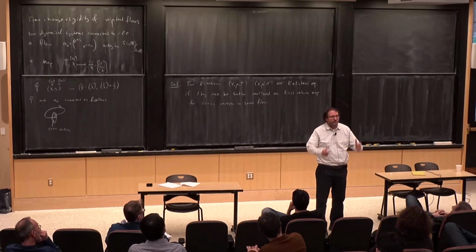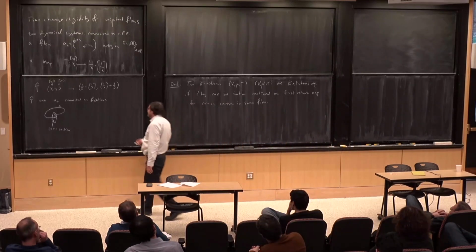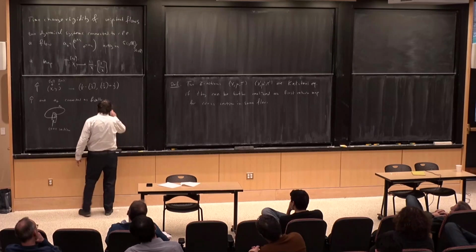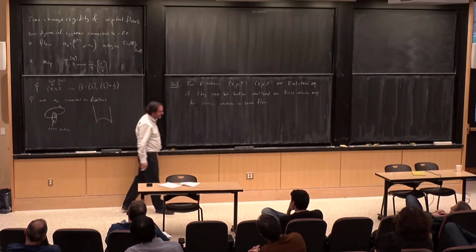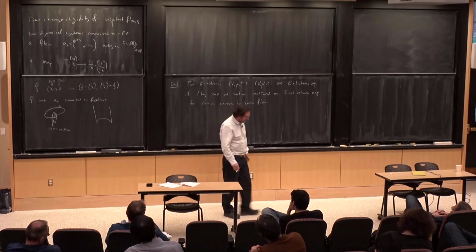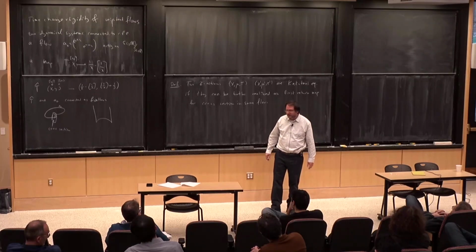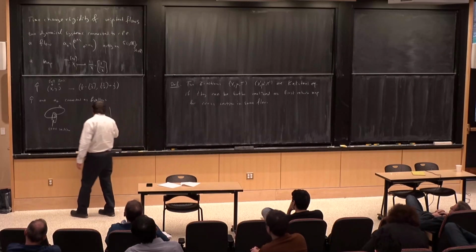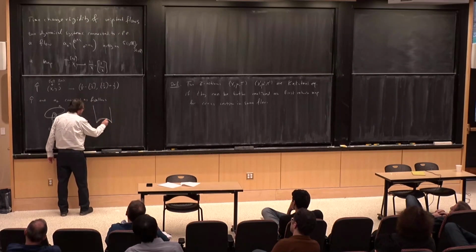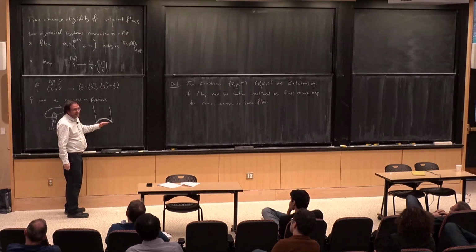Essentially, you could think of, morally, you have your fundamental domain for the hyperbolic plane modulo SL2Z. And morally, first approximation of what you do is you look at every time you cross this lower boundary. And each time you do that, that's sort of your cross section.